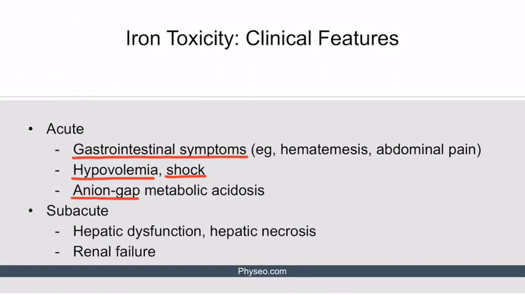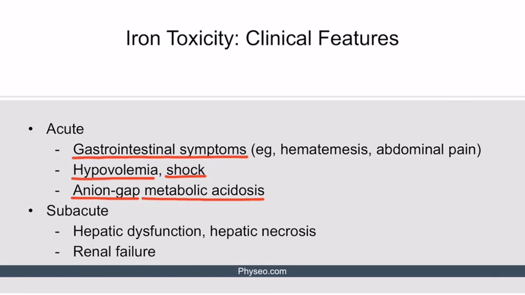Now, anion gap metabolic acidosis can occur due to iron's corrosive and cellular toxicity, or it can occur due to significant hypoperfusion of the tissues as a result of fluid loss, which can lead to lactic acidosis. Okay, so recall iron is part of the MUDPILES mnemonic of different factors that can lead to anion gap metabolic acidosis.